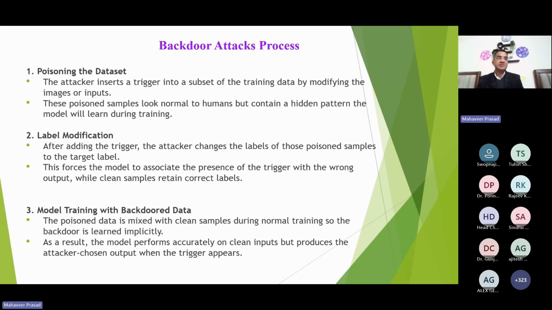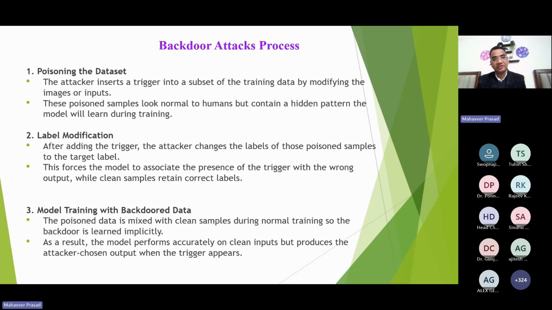The next step is label modification. After adding the trigger, the attacker changes the label of those poisoned samples to the target label. This forces the model to associate the presence of the trigger with the wrong output, while clean samples retain the correct label. Now coming to training with the backdoor data.